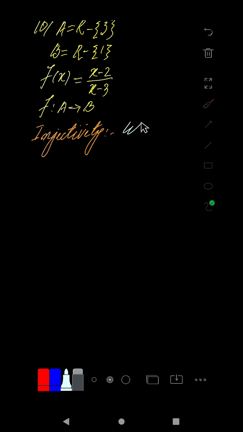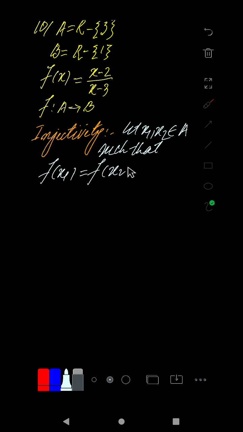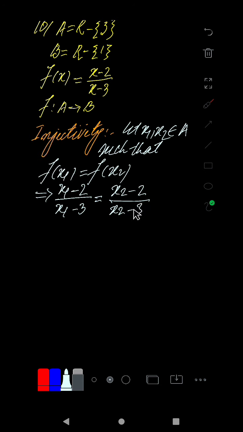Let x1 and x2 belong to A, that is the domain, such that f(x1) is equal to f(x2), implies that (x1 minus 2) upon (x1 minus 3) is equal to (x2 minus 2) upon (x2 minus 3).